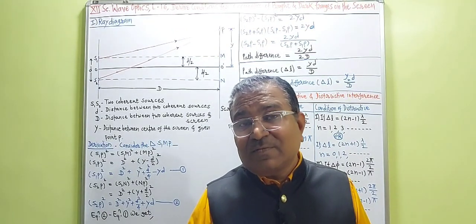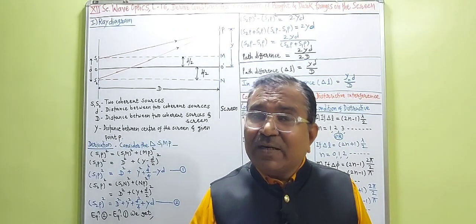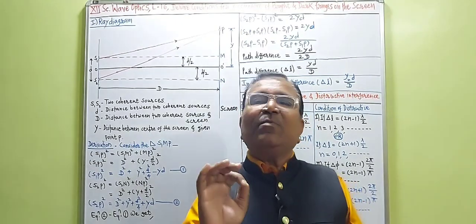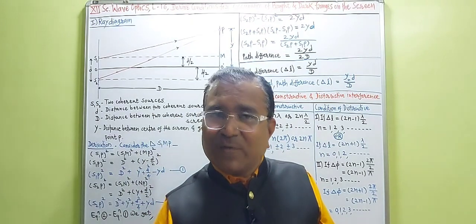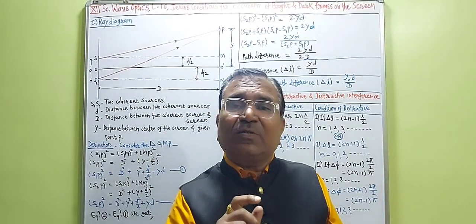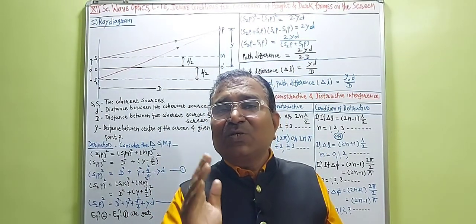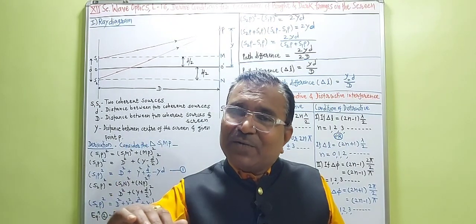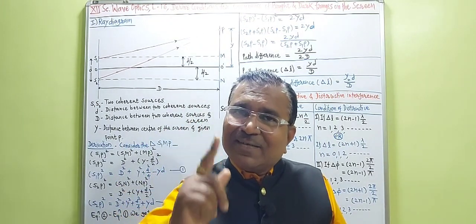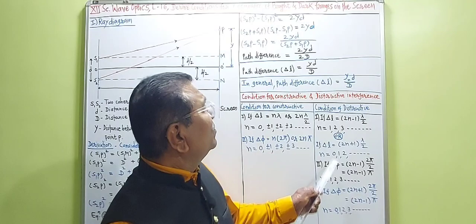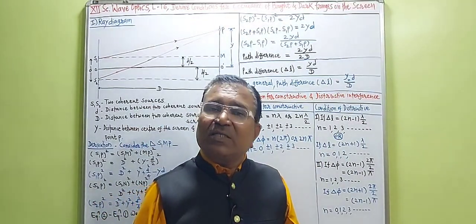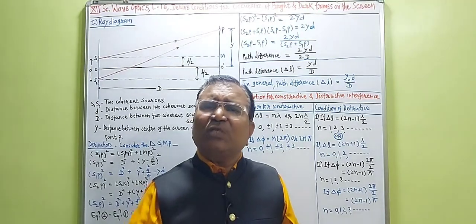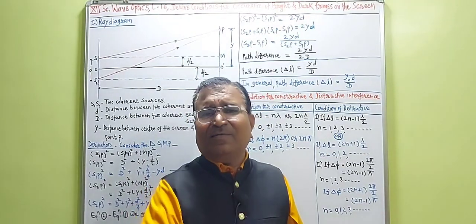Remember well, when delta L is equal to (2n minus 1) lambda by 2, n starts from 1. But if delta L is equal to (2n plus 1) lambda by 2, if the plus sign is there, then n starts from 0. This is very important to keep in mind.